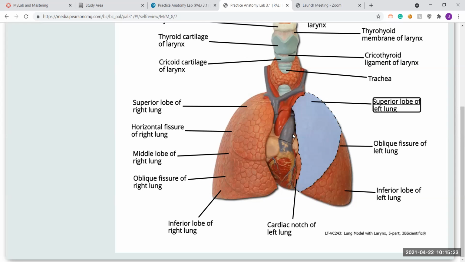Okay, the space between these two lungs is called the mediastinum. We have superior mediastinum, middle mediastinum, and inferior mediastinum. And the heart, you see, this is the heart apex, which indents the lung tissue, and that is called the cardiac notch of the left lung.